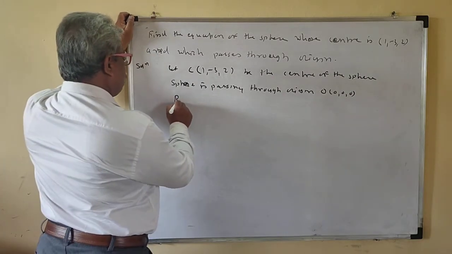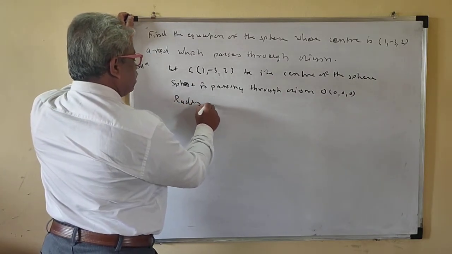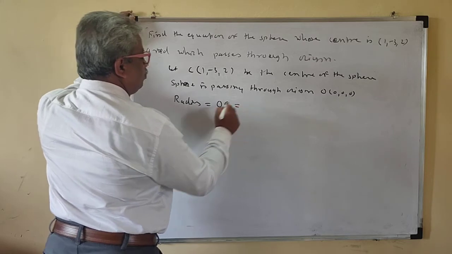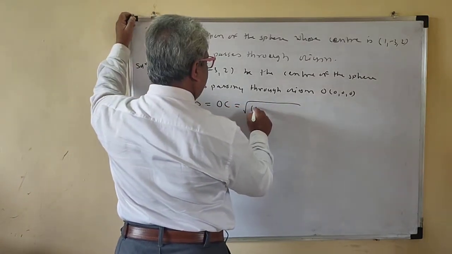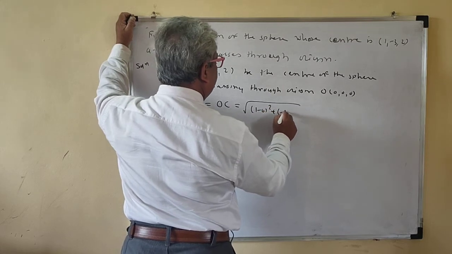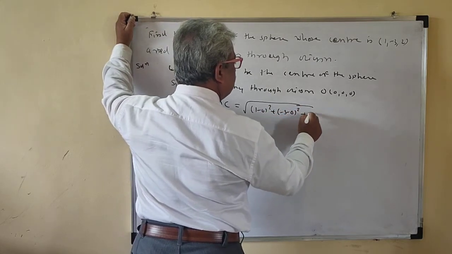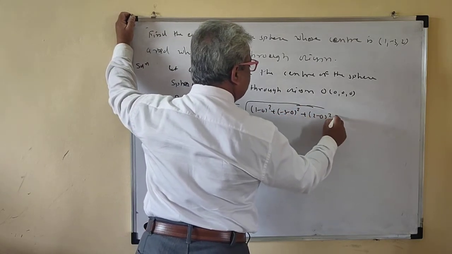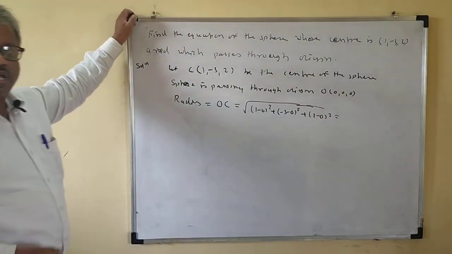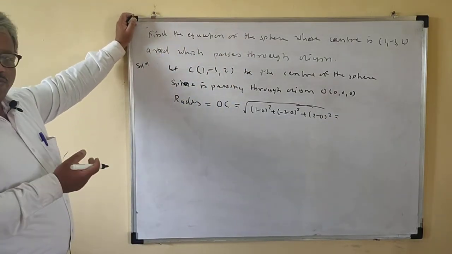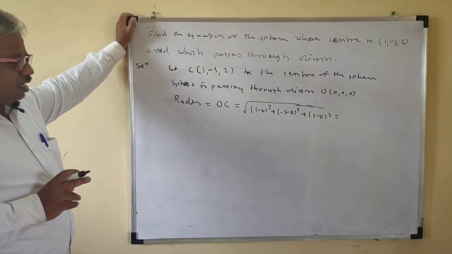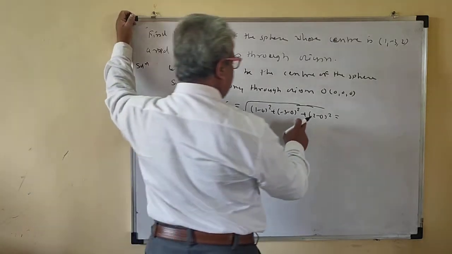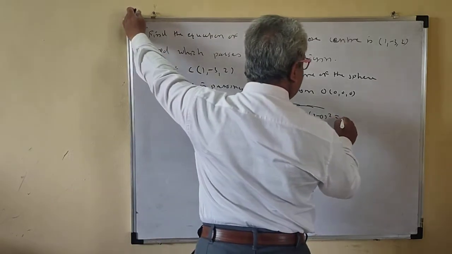So radius is equal to what? Radius is equal to OC. So this is then (1 - 0) square, (-3 - 0) square, (2 - 0) square. So actually this is just the squares of the coordinates of C only. So 1 plus 9 is 10, 10 plus 4 is 14.